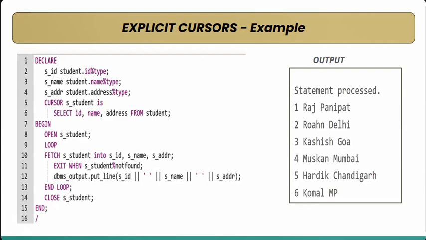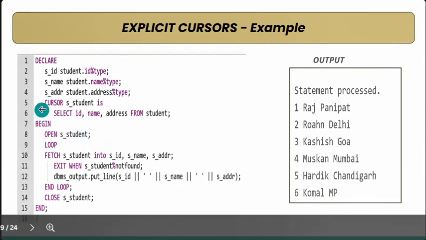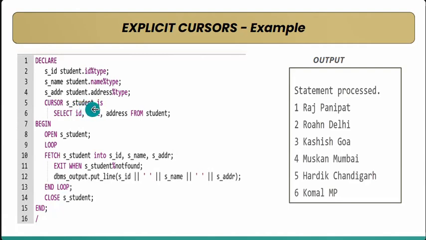We are going to define an explicit cursor s_student, which will select the ID, name and address of the students. Here the CURSOR keyword is used, s_student is the cursor name, then the select statement.